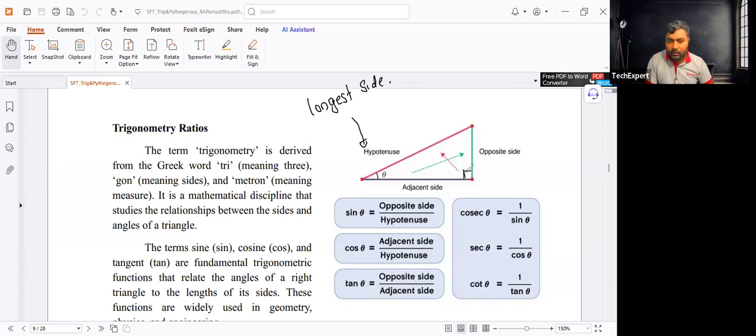In a right angle triangle, there is a 90-degree angle. If you look through this 90-degree angle, you can see the hypotenuse, the longest side. Understood?